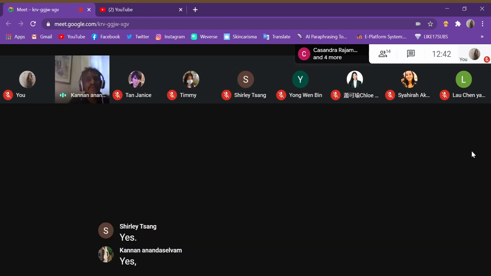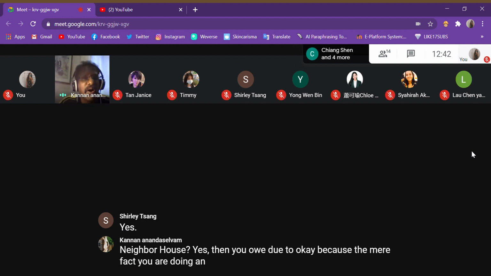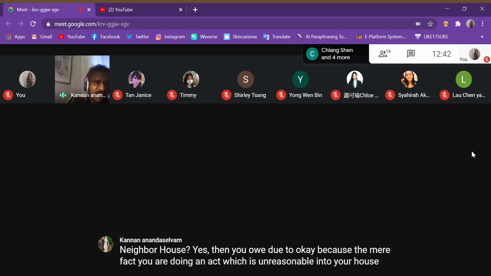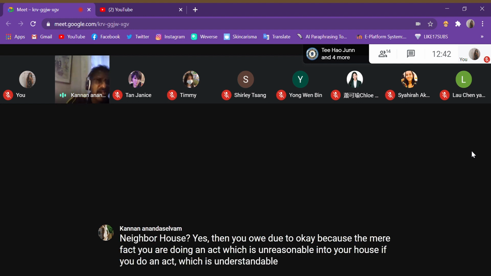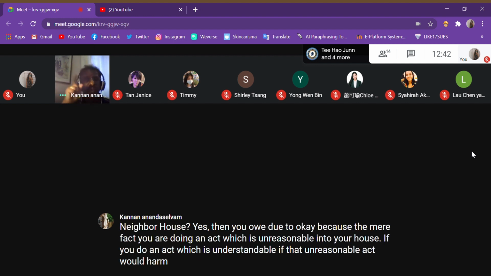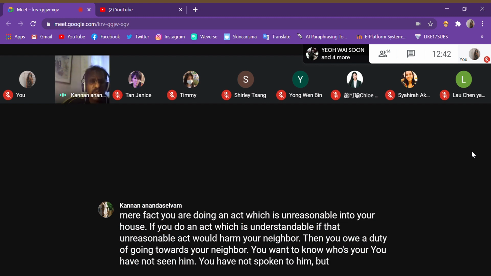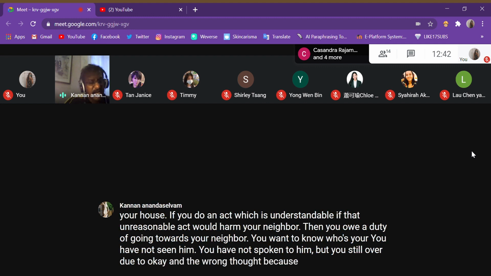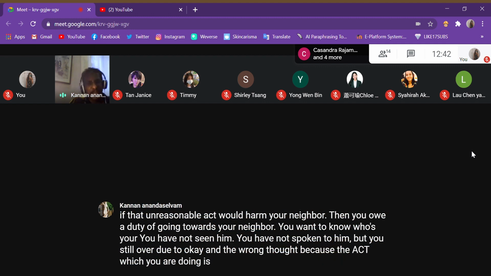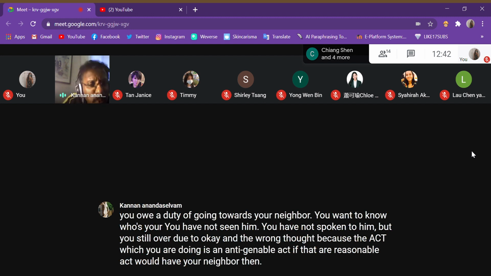Yes. Then you owe a duty of care, because you are doing an unreasonable act. Even though you don't know who your neighbor is, you have not seen him or spoken to him, you still owe a duty of care under law of tort, because if that unreasonable act could harm your neighbor, then you owe a duty of care towards your neighbor.